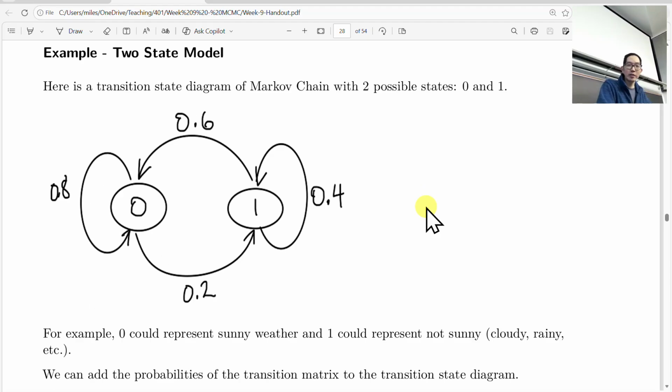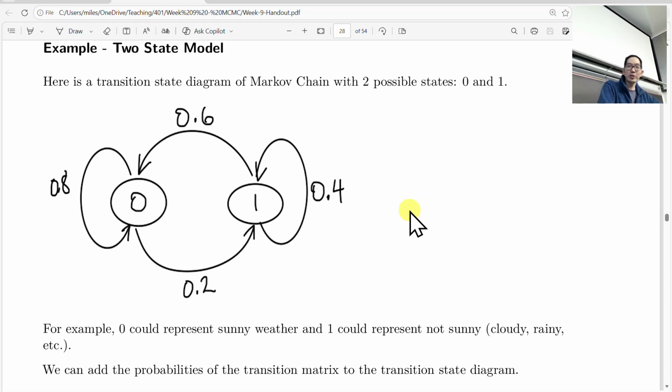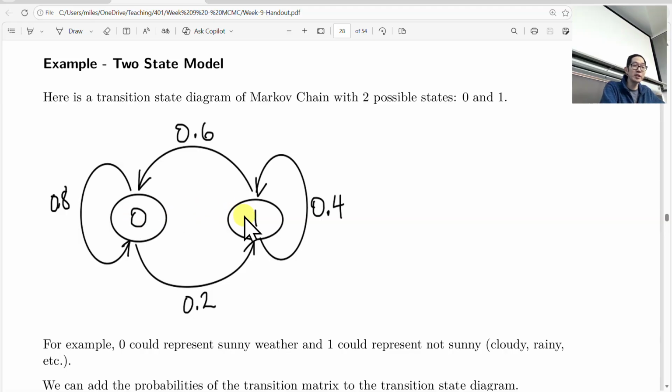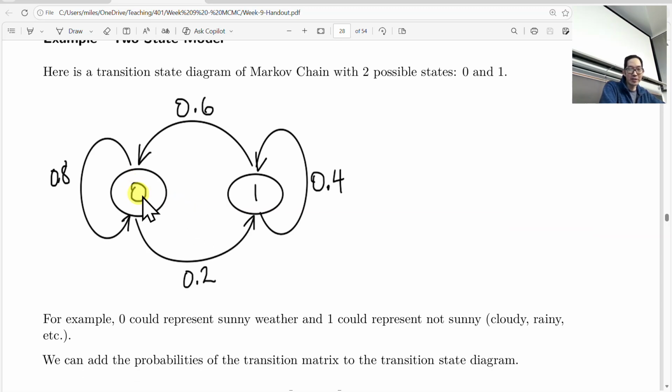Here's a very simple two-state model. We have state 0 and state 1, with arrows showing the different transition probabilities. We could say 0 means sunny weather, and 1 means weather that's not sunny, like cloudy, overcast, or rain.